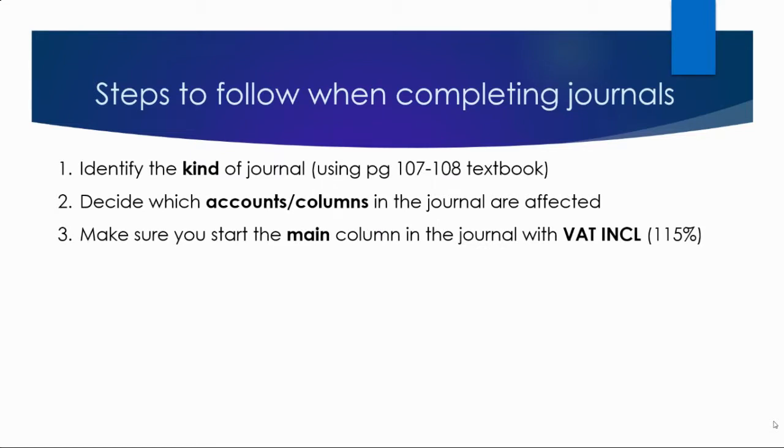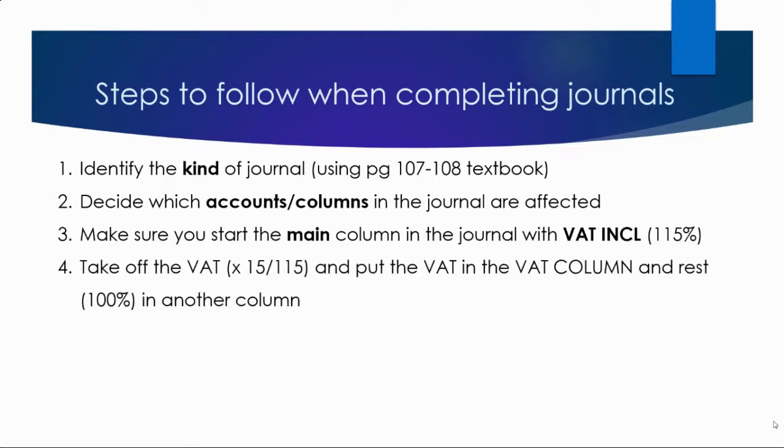Then you have to make sure that you start with the main column. Now the main column would be VAT inclusive. So that means that amount is at 115%. Then once you've figured out what the main column is, you remove the VAT component and place that into the VAT column.